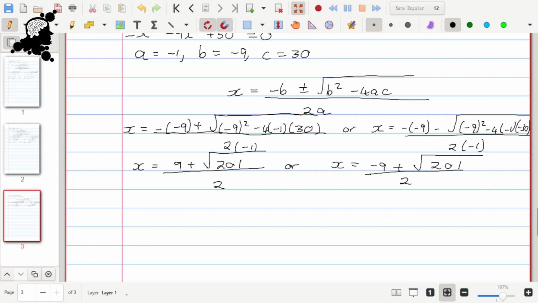Whoops, I made a little bit of a mistake. There should be a negative sign here. Right, so if the question did not ask you to leave your answers in simple surd form, let's write it correct to 2 decimal places. So x is equal to negative 11.59, or x is equal to 2.59. Brilliant. Life is great.